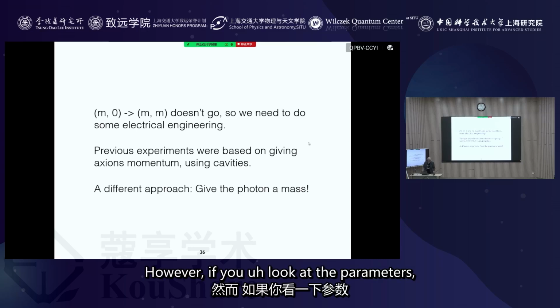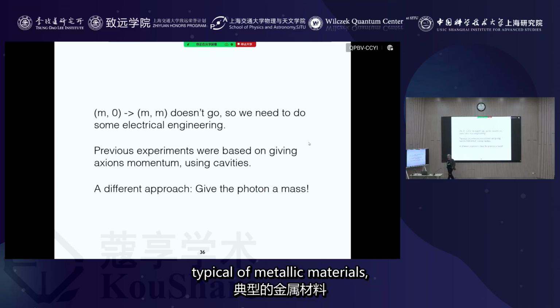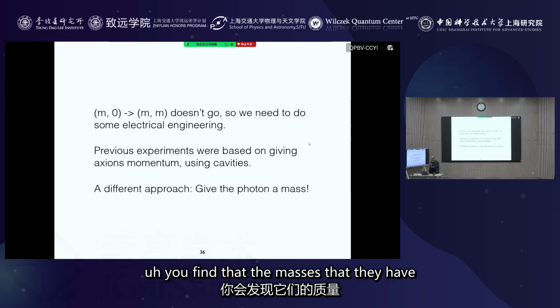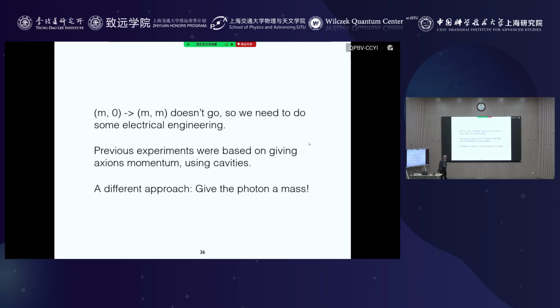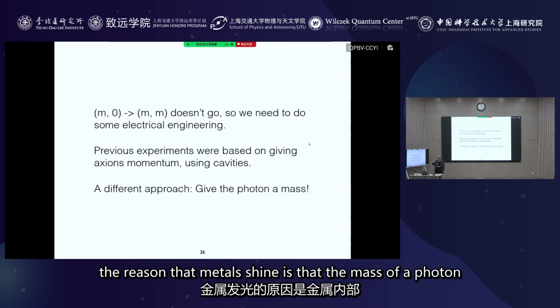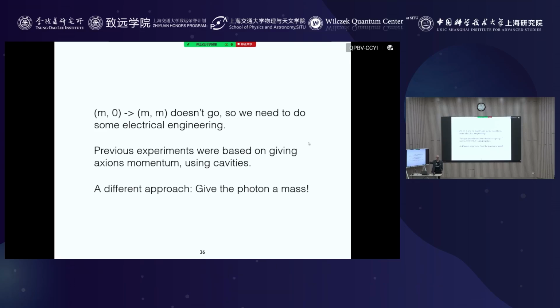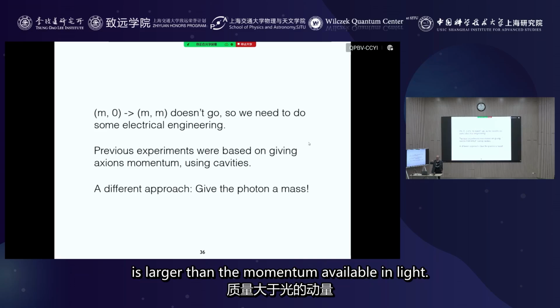However, if you look at the parameters typical of metallic materials, you find that the photon masses involved are too big. Basically, the reason that metals shine is that the mass of a photon inside the metal is larger than the momentum available in light.